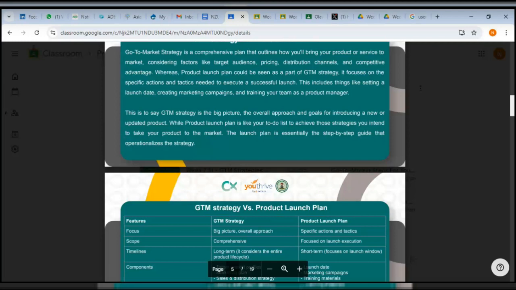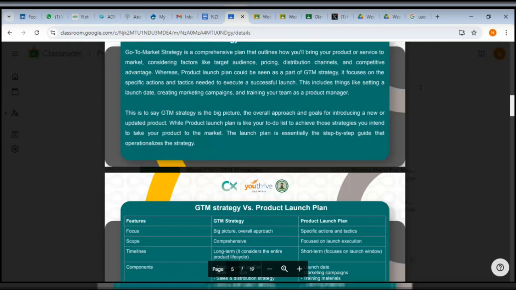Preparing the market is preparing your target audience, preparing the best means to make your product accessible to them, which will be your distribution channels, and deciding on what your pricing would look like. We're talking about subscribers and the amount of money you attach to each subscription, and all of those things.